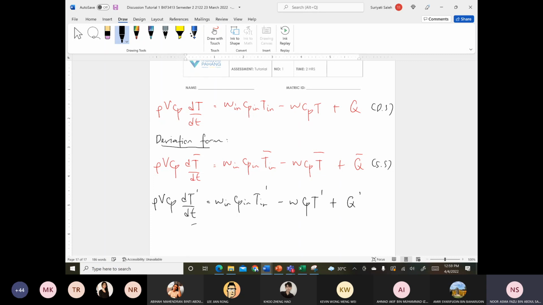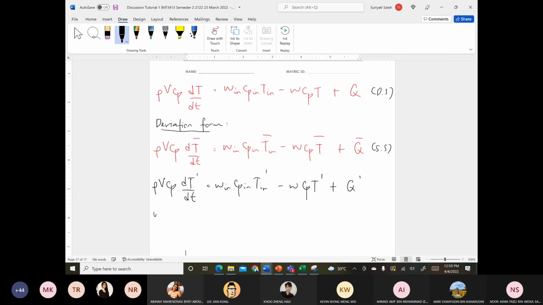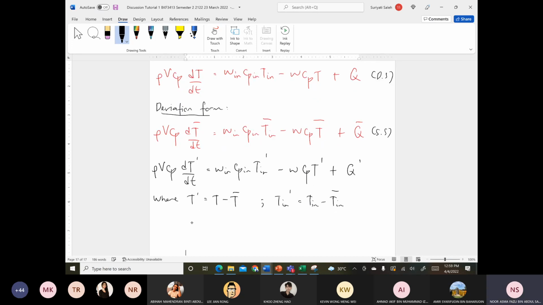So this is your equation for the deviation form, where T prime equal to T minus T bar, T in prime equal to T in minus T in bar, and Q prime equal to Q minus Q bar.